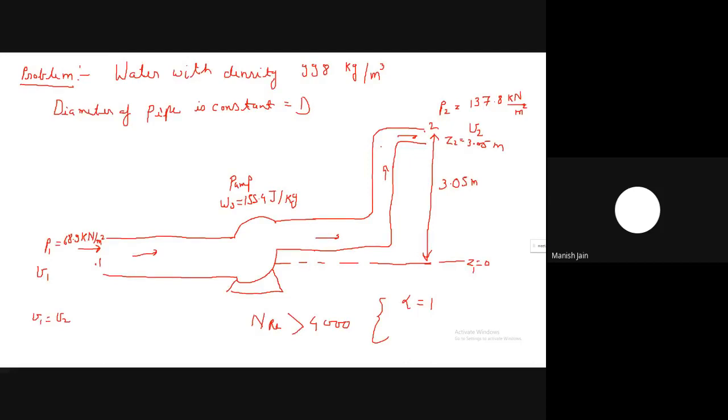which is given in the problem. The overall friction loss is given in the problem, that is equal to 10 feet pound force per pound, in the FPS unit.